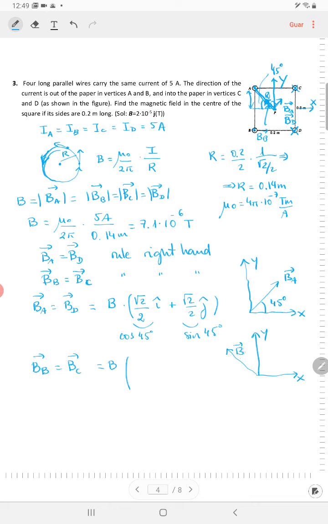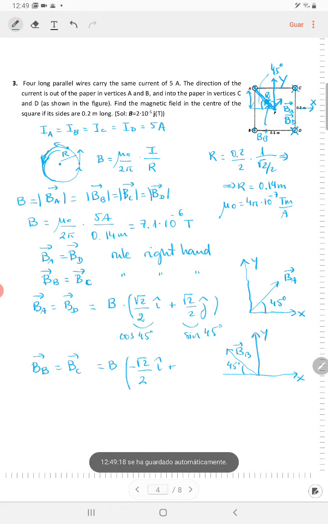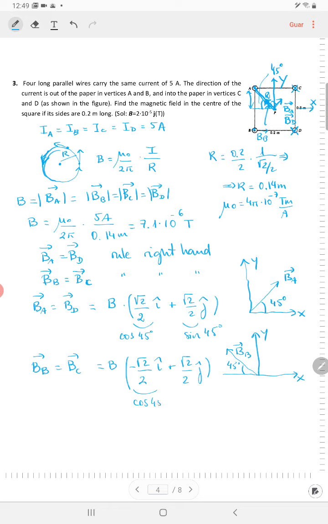So this is B_B, and 45 degrees is this here. So this has to be minus square root 2 divided by 2 using the i unit vector, and this is square root 2 divided by 2 j. This is again the cosine of 45, the minus cosine of 45, and this is the sine of 45.